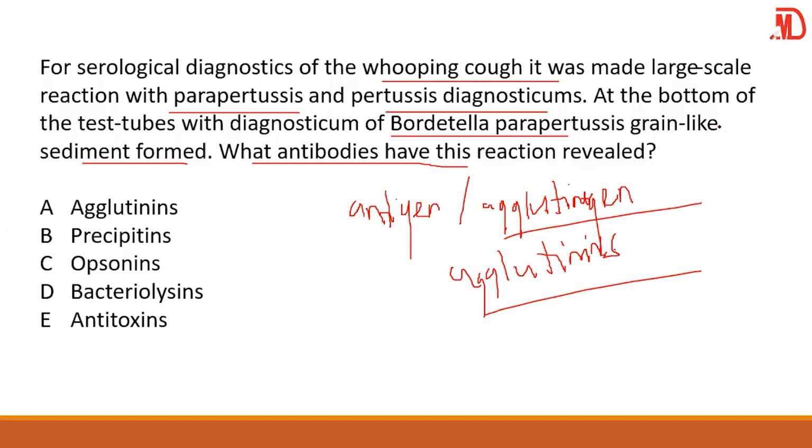Like I said, agglutinogen means antigen, and agglutinins means antibodies. So over here, we are looking for antibodies. So the answer is A.